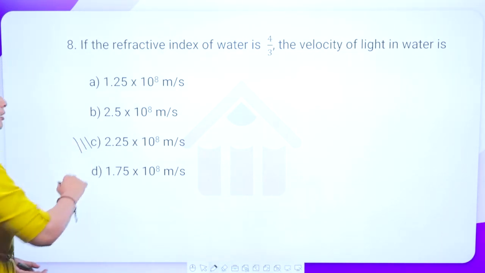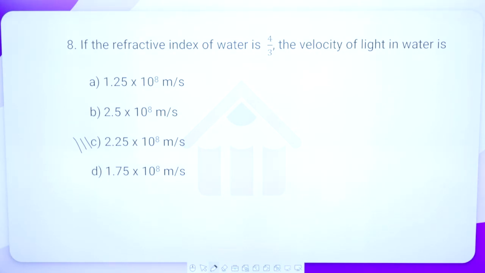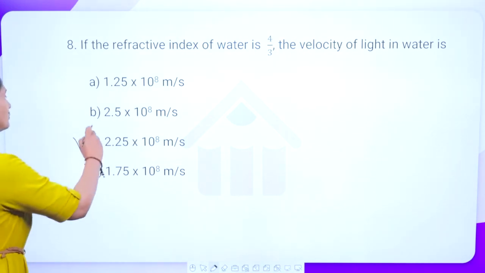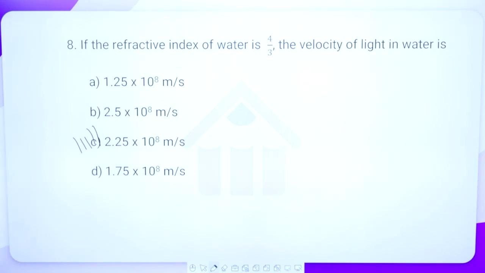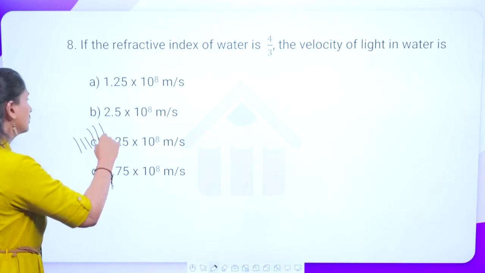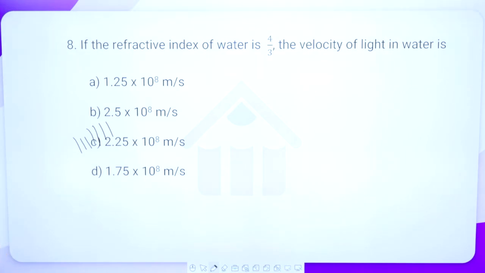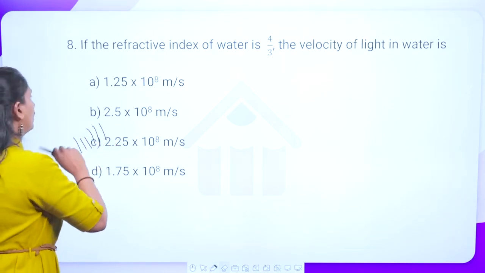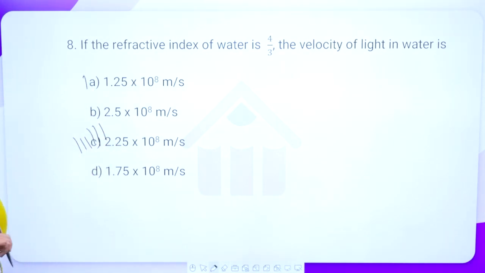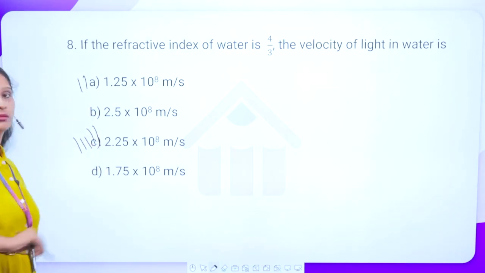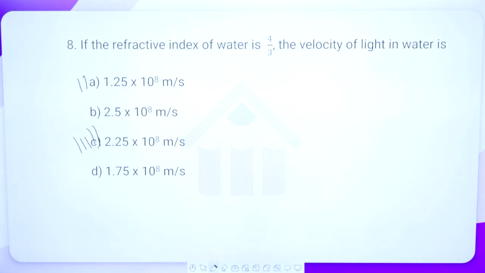Okay, Alan, Vaiga, Fatima, Premo, Vasin. Okay, Vasin is with option A. Fatima is also with option A. Option A by Yusuf.